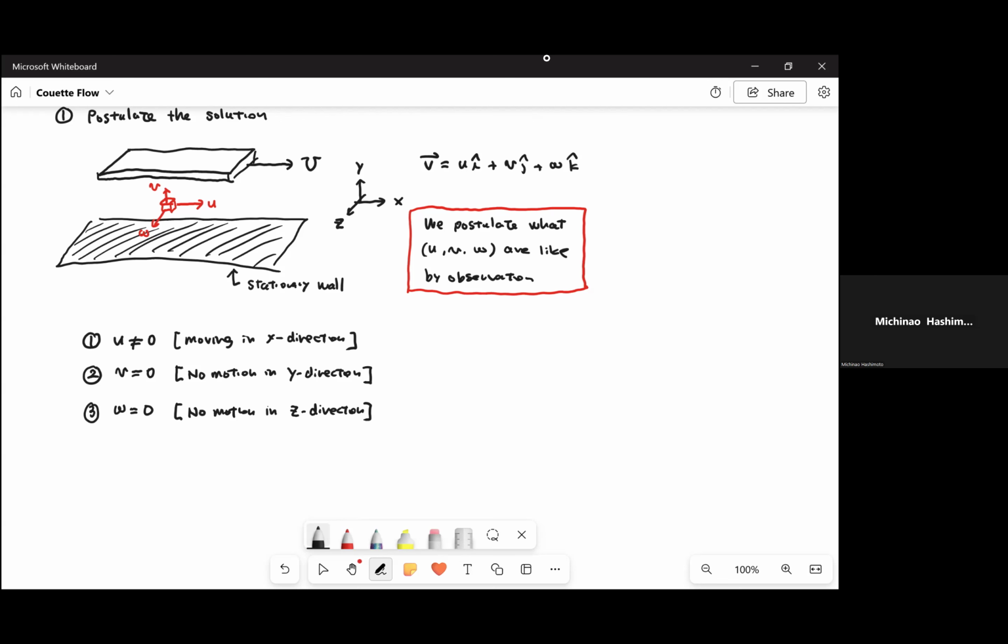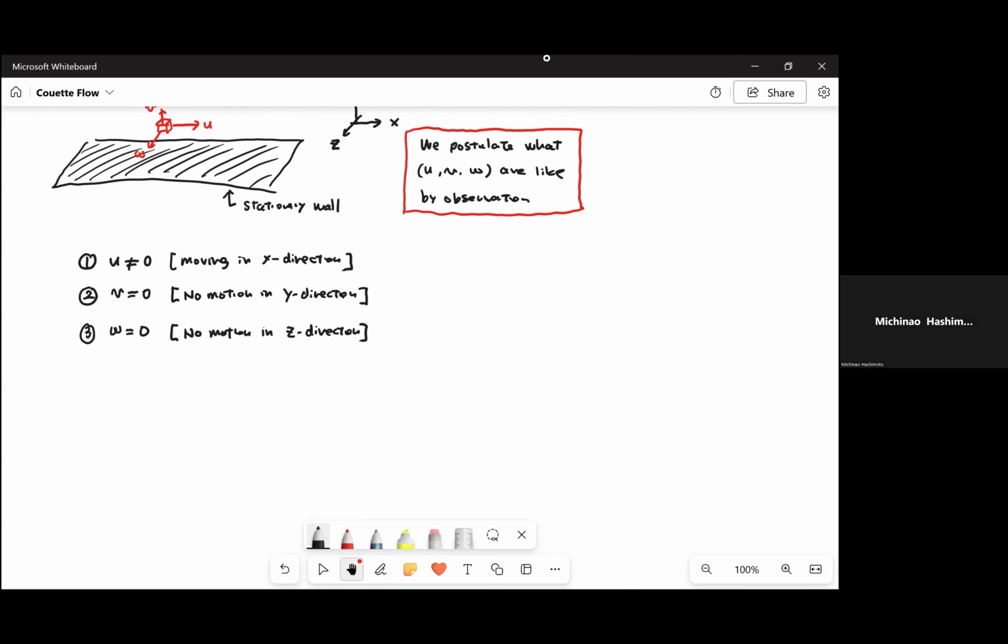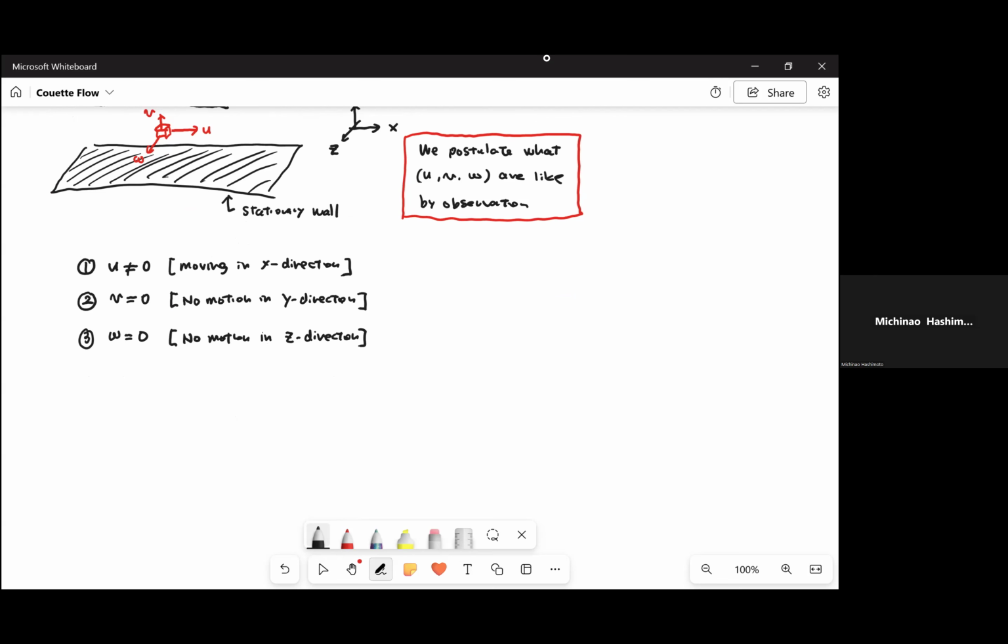So here's our assumption. Originally we thought the velocity equals u i plus v j plus w k. But our observation suggests u is nonzero, v equals 0, and w equals 0.